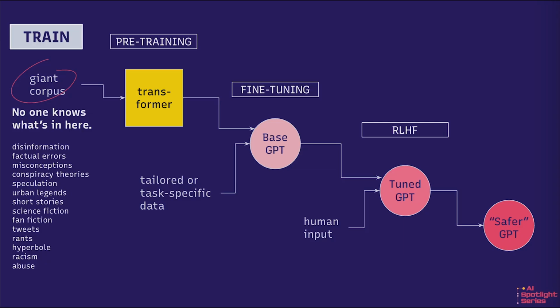And as we've already mentioned throughout this course, machine learning models are not 100% perfect. And that means these giant corpuses are riddled with all kinds of strange things. There's disinformation, factual errors, misconceptions, conspiracy theories. There's also plenty of valid stuff like short stories, science fiction, fan fiction.